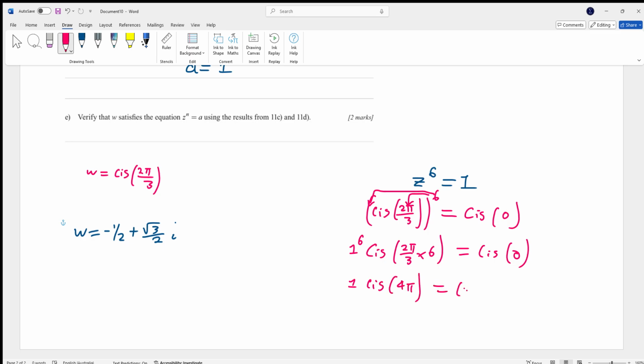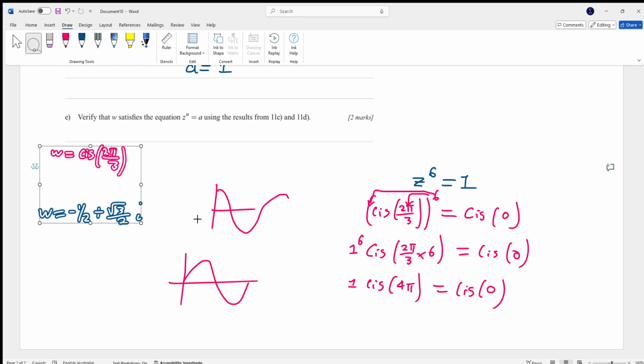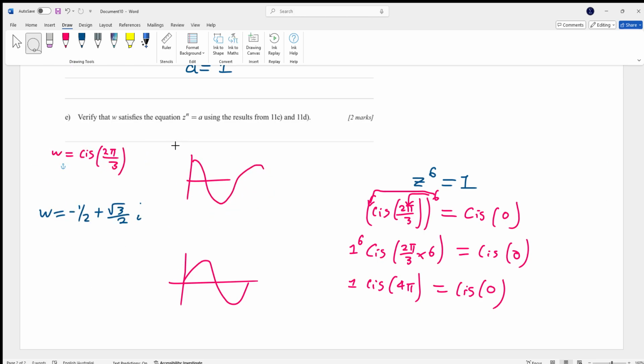Now, these should be equal to one another, okay? Because if we were to look at the sine curve and the cos curve for both of them, well, we don't have to, but if you're not sure, they can help very much. So if I draw the cos curve properly, it looks something like this. This is 2 pi, and this is 4 pi.